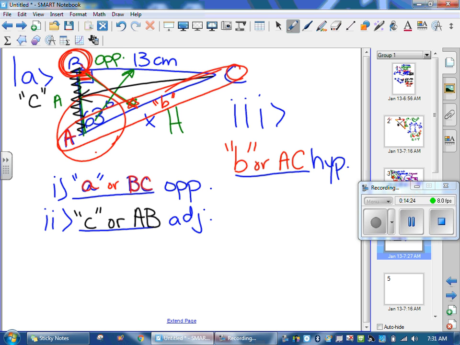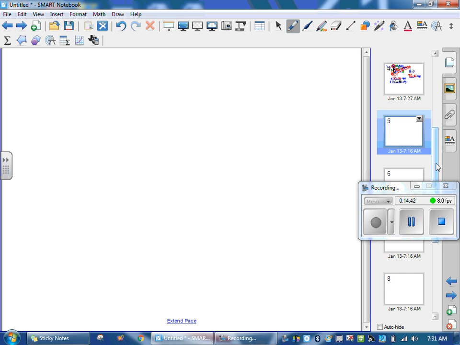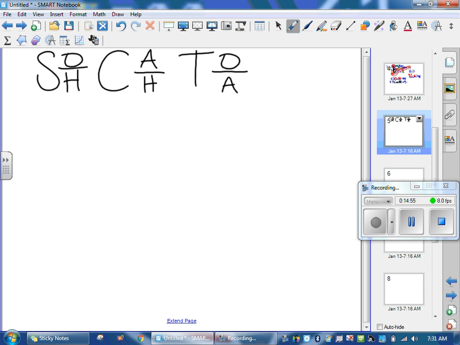If we need to solve the triangle for all unknown sides and angles, we need to be able to understand the trig ratios. So here comes our 3 trig ratios. First one, we're first going to write our SOHCAHTOA. SOHCAHTOA is an acronym for us, and I write it specifically with the O and the H, and the A and the H, and the O and the A in a fraction.